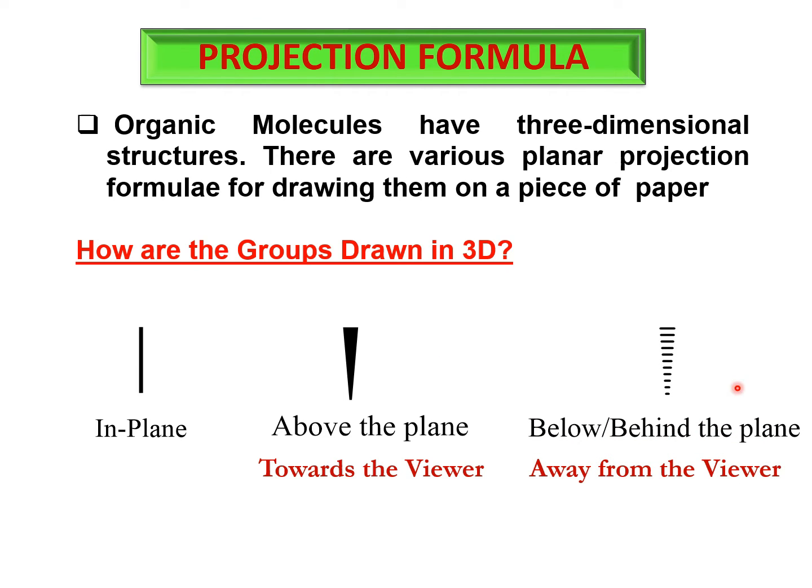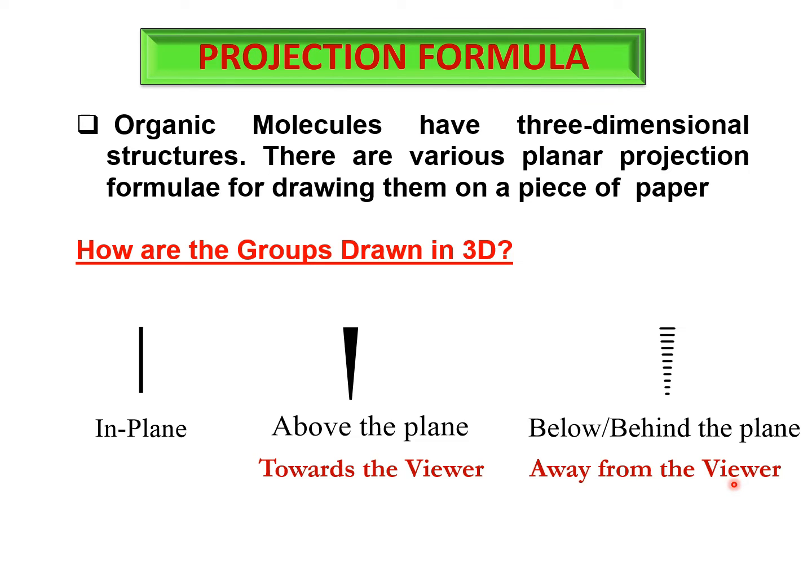If you see any atom or group of atoms drawn with this dotted line, broken line, it means that this group which is here attached to this central atom is also out of the plane of this two-dimensional screen. But in this case, this group is going behind this screen. And so if this is the plane of the screen, it is going behind the plane of the screen. In other words, you are sitting in front of the screen, but this atom or group of atoms is going behind the screen, so it is moving or projected away from you.